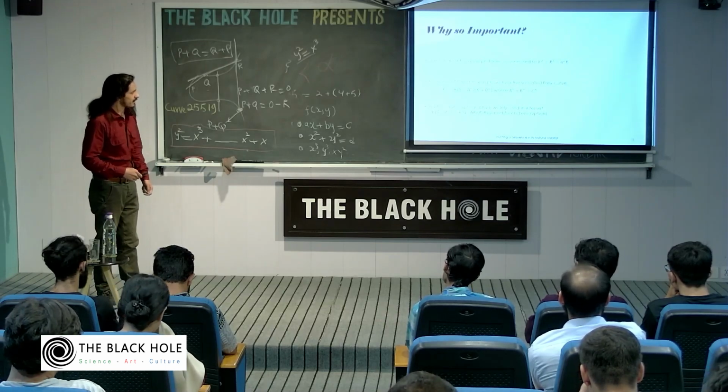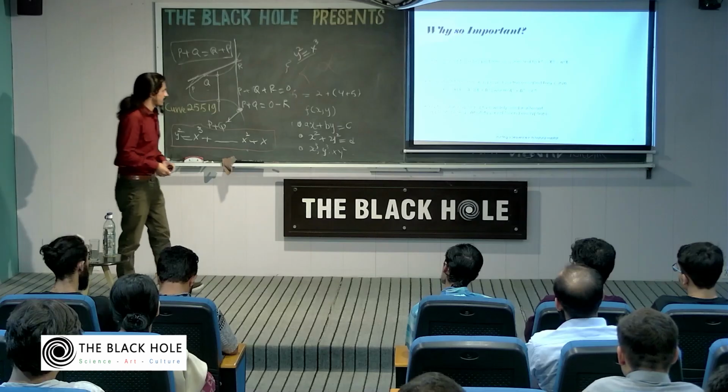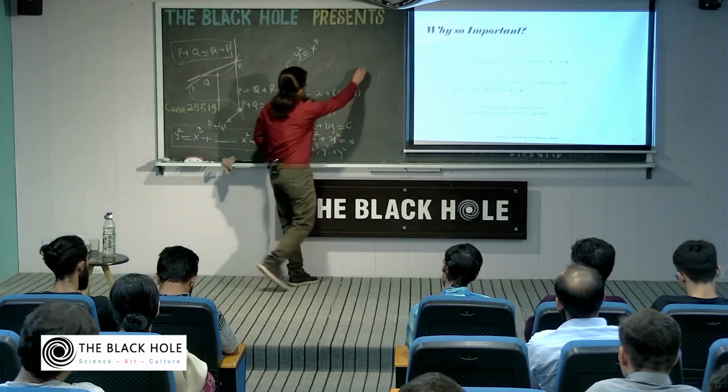They became, as they call it, the darling of number theory after Andrew Wiles proved Fermat's last theorem using elliptic curves. They are also connected to congruent numbers. By the way, a congruent number is a number which is the area of a right triangle with integer or rational sides.